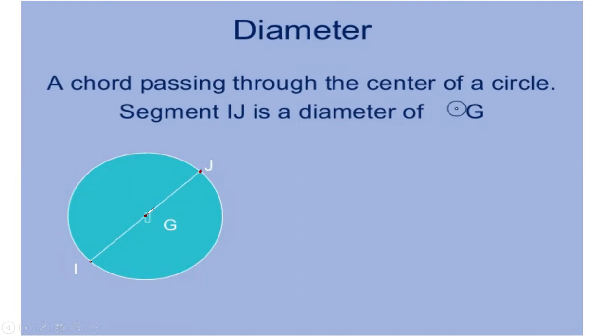If the center is here, then the line that passes through the center and joins 2 points on the circle is what we call the diameter. It doesn't matter where the points are, even if a point is here and another one is here, and the line passes through the center like this, this one will also be called the diameter of the circle we are dealing with.